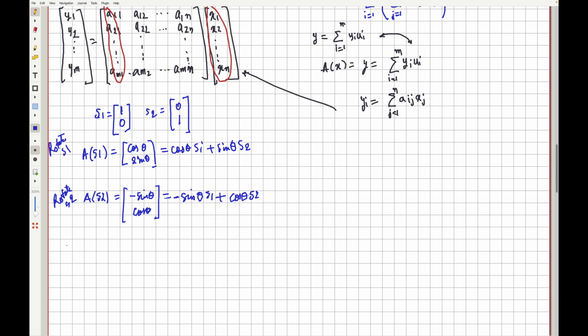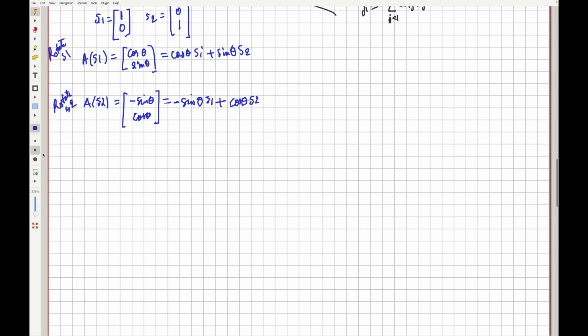Now to form the matrix using columns, A is equal to cos theta, sine theta for the basis vector S1, then minus sine theta, cos theta for the basis vector S2.